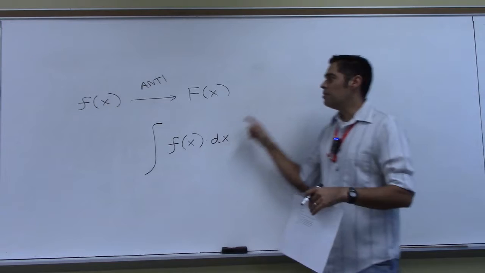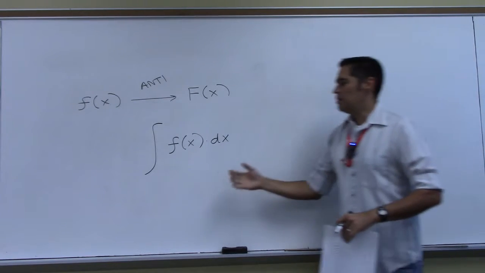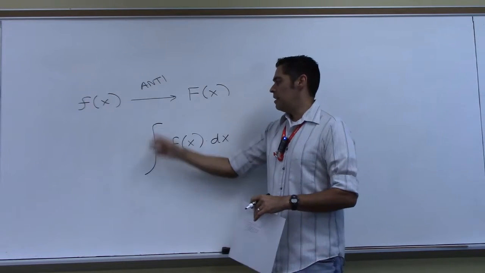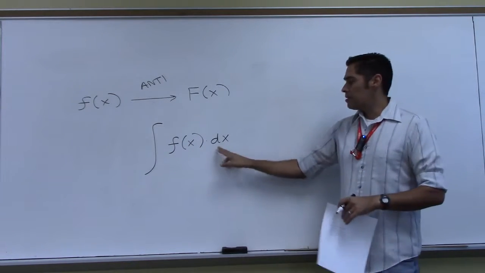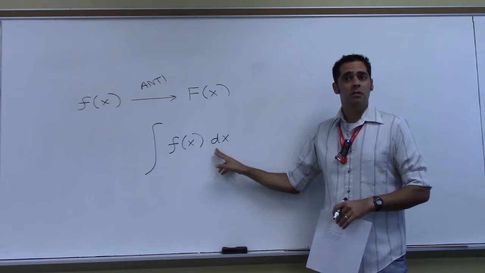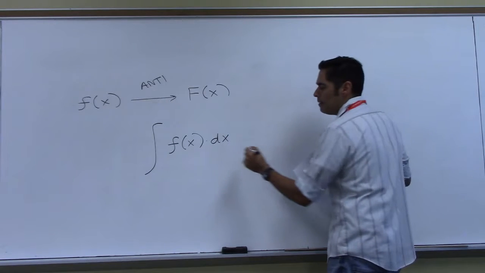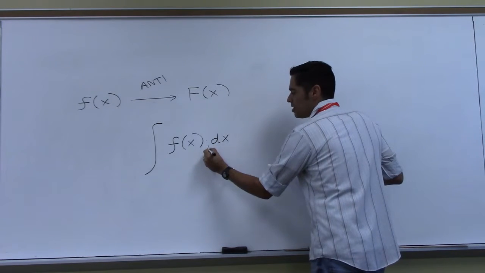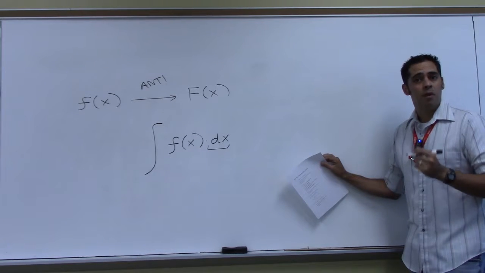It's kind of related to how, if you had a radical, the thing underneath it was called the radicand. The dx is called the differential. The way I want you to look at it right now is that this just keeps track of what the independent variable is in the problem.